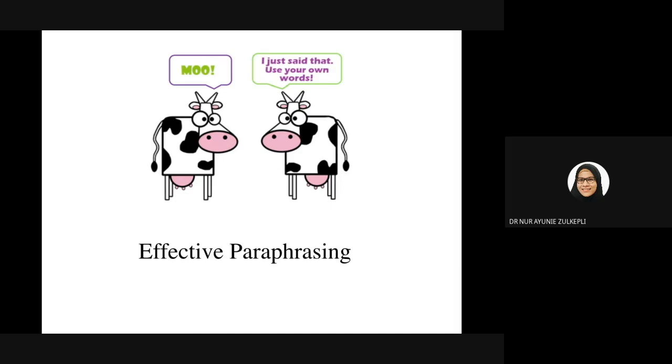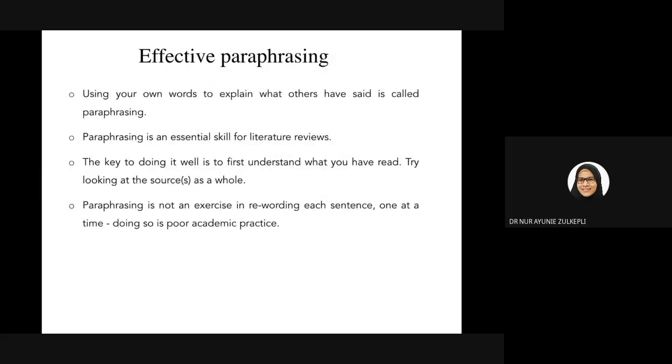They have more than 50% similarity to the original source sentence or paragraph. So that's the weakness. You need to learn how to do effective paraphrasing. So you need to have a guideline to do that.